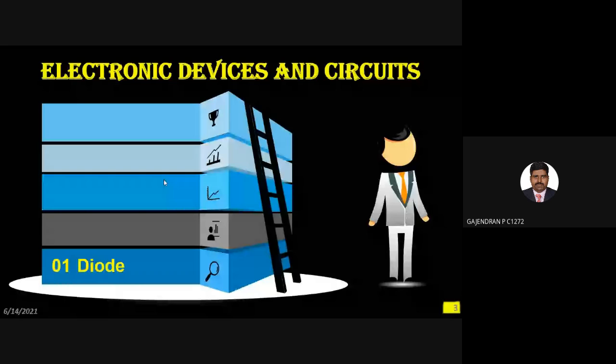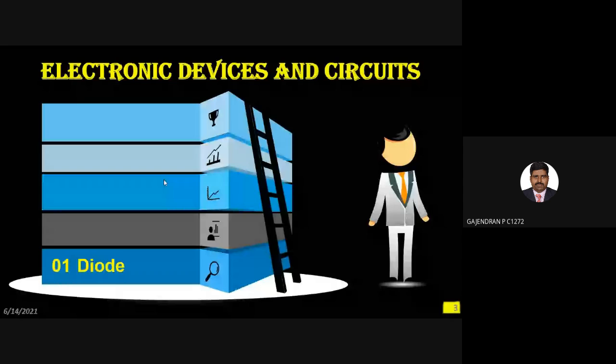Any important application? Voltage regulation. Very good, it can be used as a voltage regulator. So in first module, we have seen two types of diodes and their applications. Also some other points we have seen in the first module.